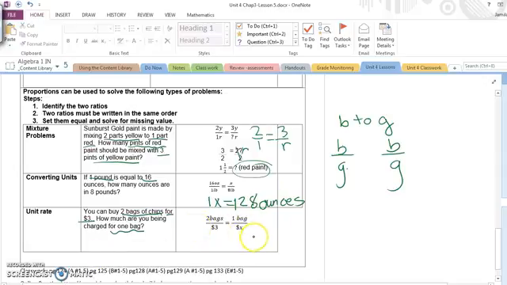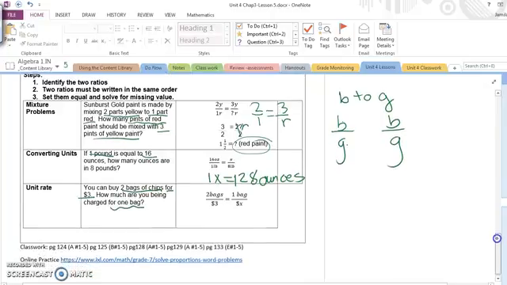Once you figure this out, then you can see if maybe at another store that only has 1 bag of the same chips, but only 1 for $1, is that a better deal than getting 2 bags for $3? Well, in order to decide that, you have to know how much 1 bag costs at this store, and then compare it to how much 1 bag costs at the other store. And we'll talk more about that in the next lesson.